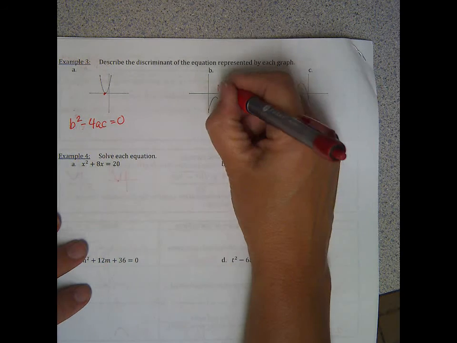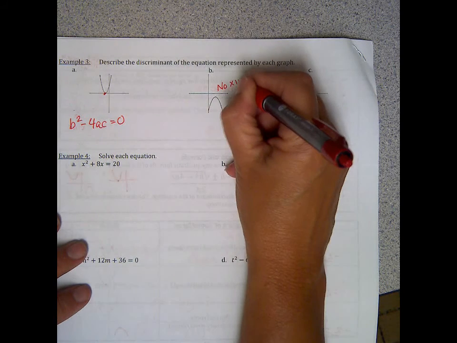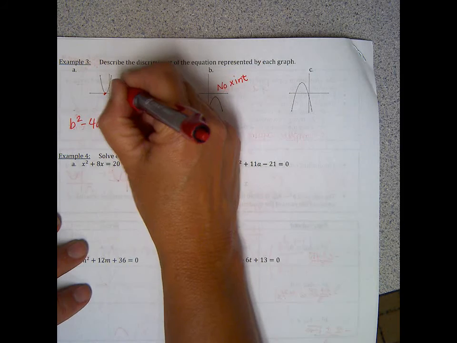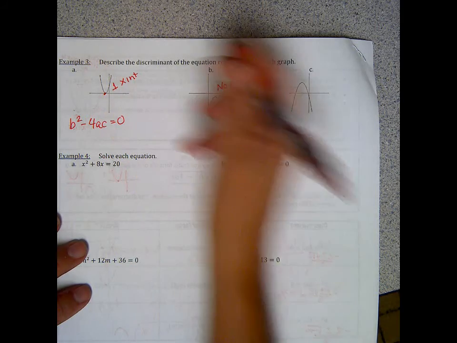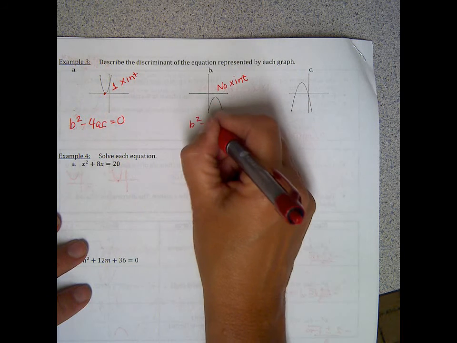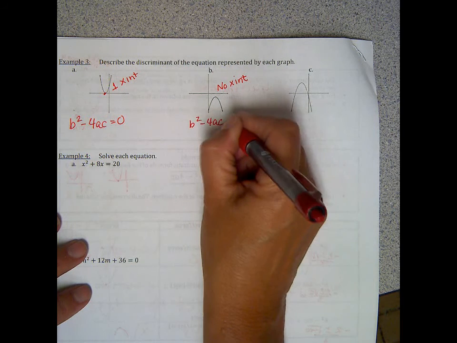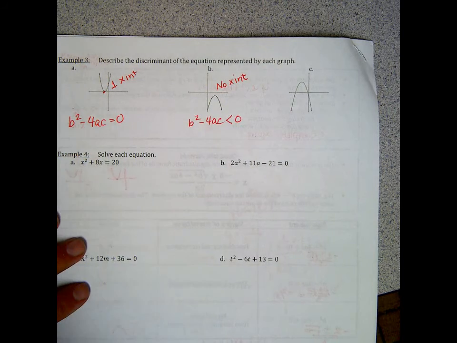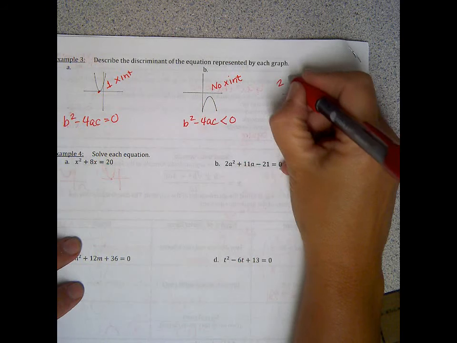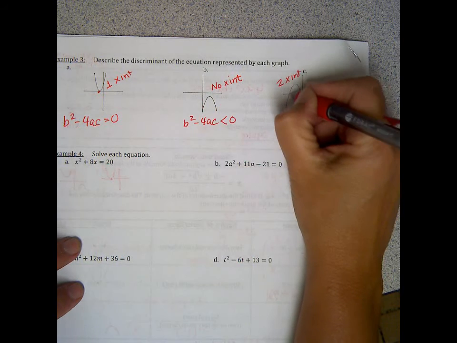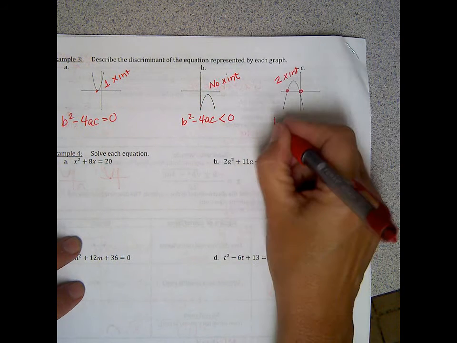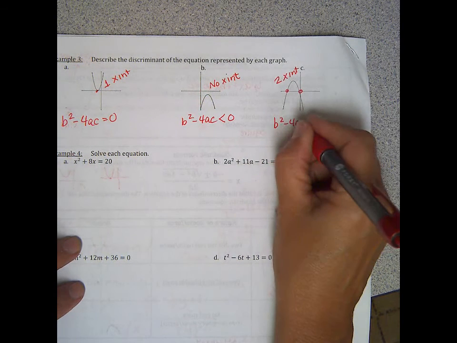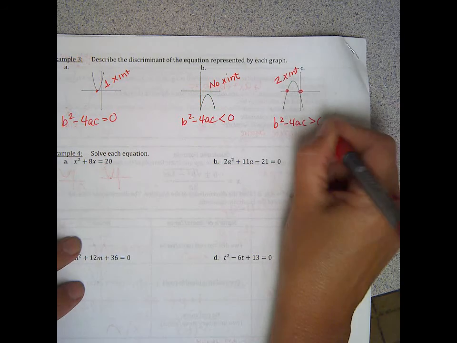If you have no x-intercepts, your b squared minus 4ac was giving you imaginary numbers, so it was negative, or less than 0. And if you have two x-intercepts, your b squared minus 4ac would have been positive.